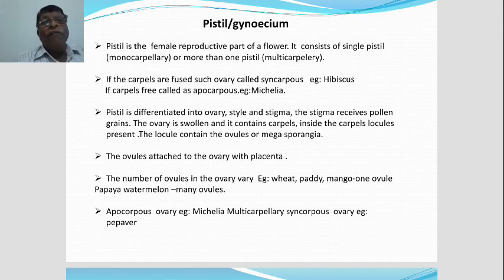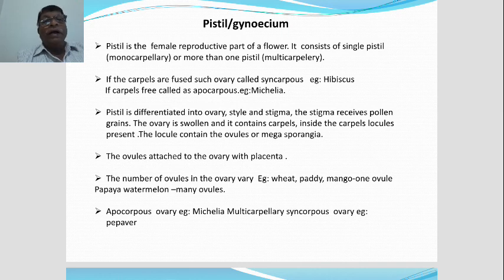What is carpel? It's a modified leaf. That is, when the leaf is folded, it forms carpel. And a chamber is also formed. We call it locule. You will come to know later on.